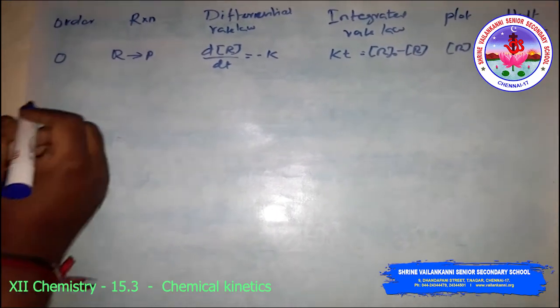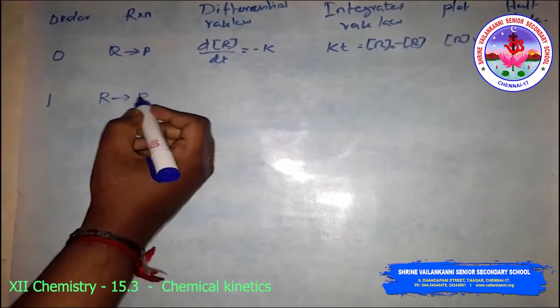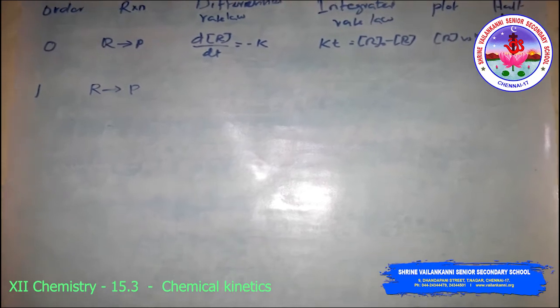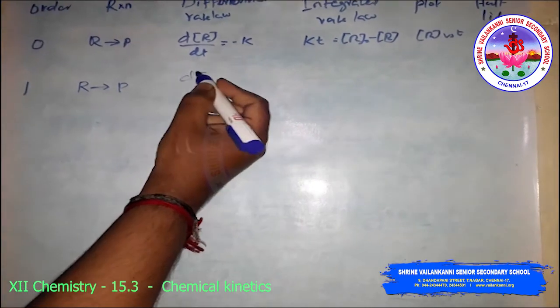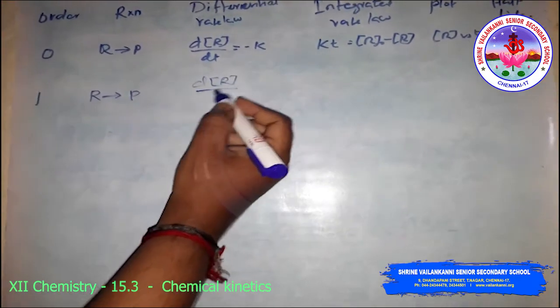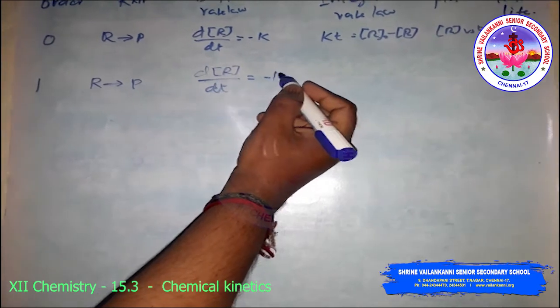Then for a first order reaction, the reaction type is also reactant gives product. The differential rate law will be d[R]/dt is equal to minus k into [R].